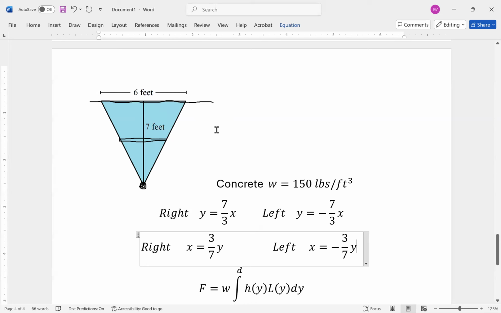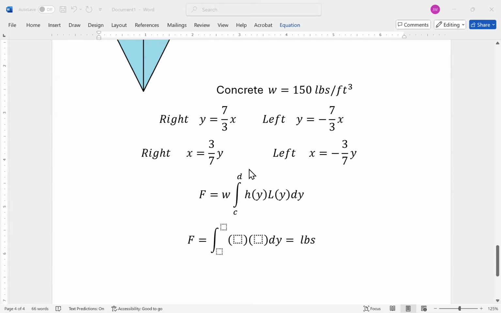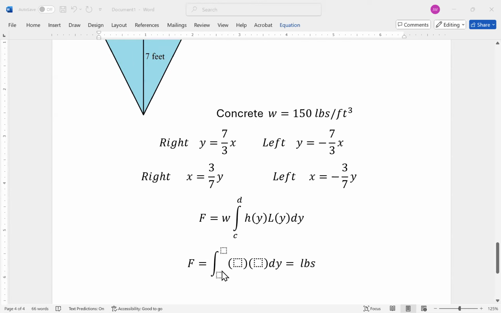Notice that's always the operation for calculating the depth. It's the top of the water line, or in this case, the concrete line, down to some arbitrary y value.